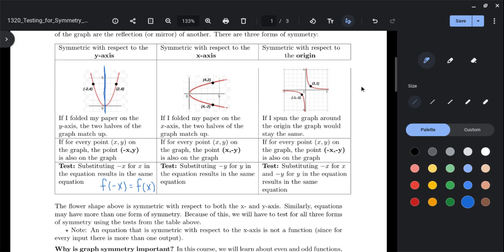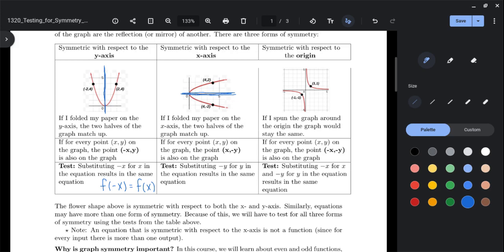If we're looking for symmetry with respect to the x-axis, let's look at this graph here. This time I have a parabola that's turned on its side, and I've highlighted the points (4, 2) and (4, -2). If I were to fold my graph on this x-axis, I could see that my points (4, 2) and (4, -2) will align perfectly with one another.